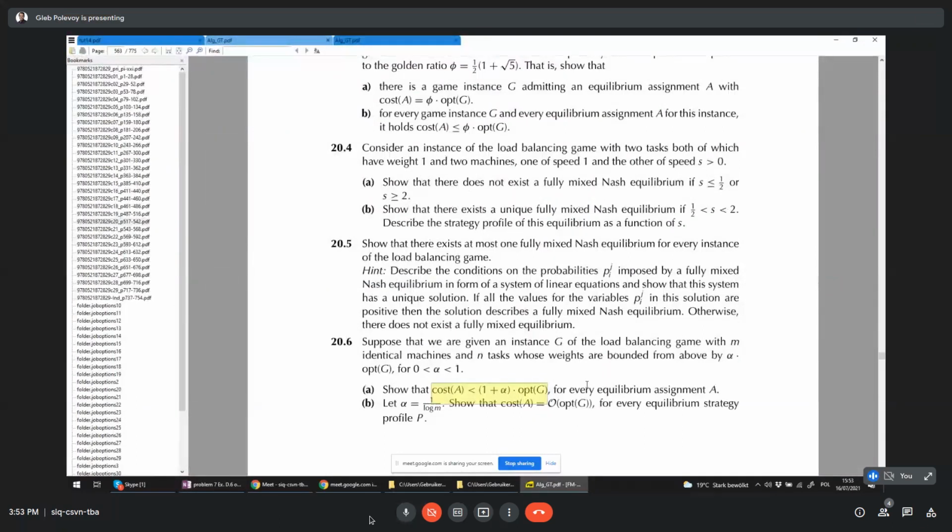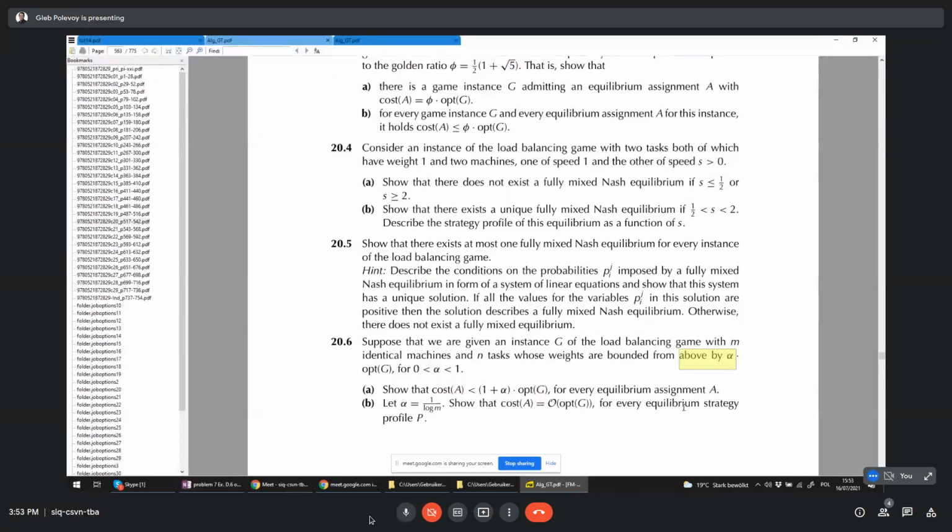But that is under these assumptions, that the weights are bounded. Yeah, but these assumptions are given for the whole exercise, before part A. Yeah, I missed that. No problem.